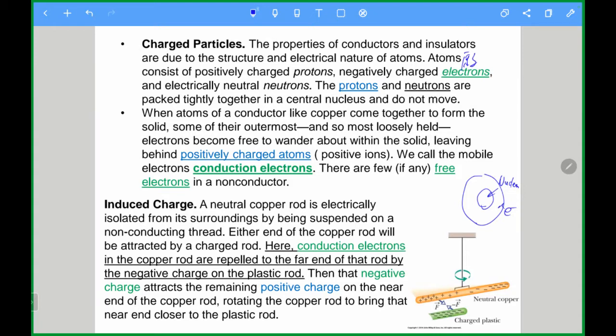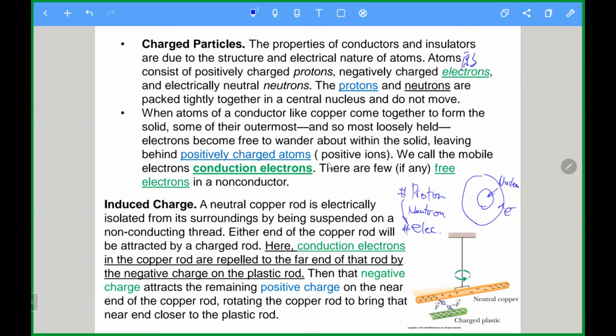Depending on what element it is, it has different numbers of so-called protons, neutrons, and also electrons. And in chemistry class, you know that the number of protons should be equal to the number of electrons, so that it has perfectly neutral electricity.